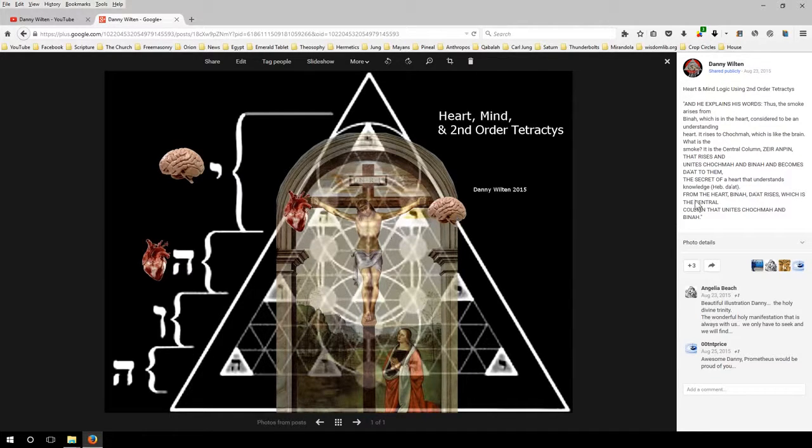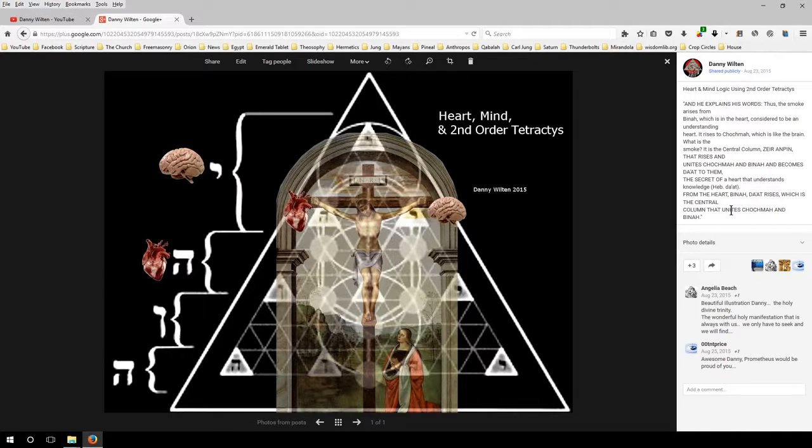Okay. And the central column, Zer Anpin, that rises up the tree of life and unites Chokmah and Bina, these two, together. And that is why you always see it glowing right here. This is the uniting of wisdom and understanding, which is the secret of a heart that understands knowledge.